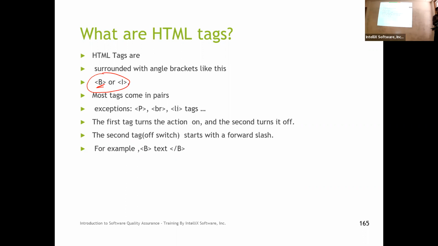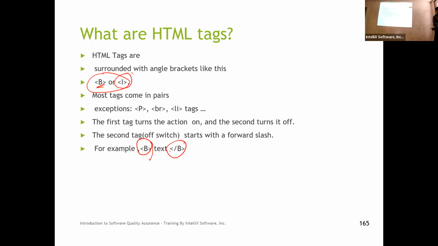The second tag says, anything that follows that, just make it italicized. Okay. So that's how tags work. There's that switch. Now the switch comes in a pair in HTML: the on and the off. The way you distinguish it, the on is just a normal tag, and the off is when it starts with a /.